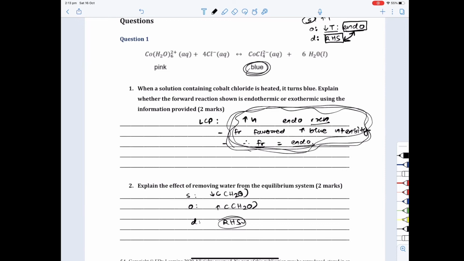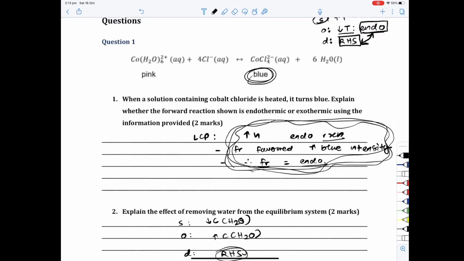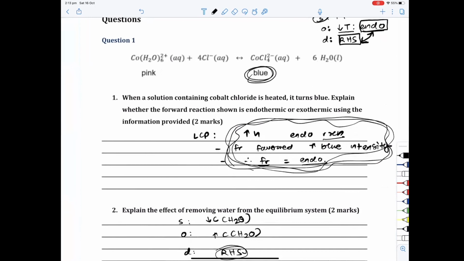Mithilesh, you've just joined. Hi, Mithilesh. So I've just recorded the first 40 minutes or so, so you can always go back and watch the recording after class. You haven't missed out on anything. We're just recapping. So Mithilesh, we're looking at this equilibrium here. Question 1, this equilibrium, and the effect of removing water on the equilibrium.